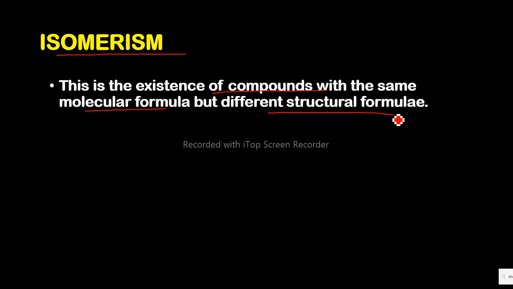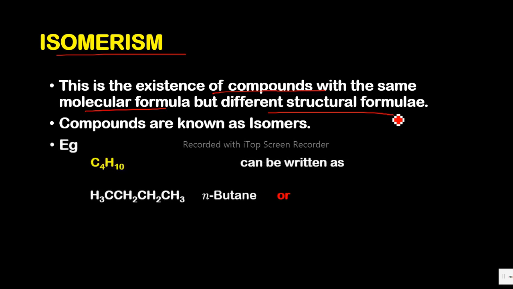You have the same molecular formula, but different structure formulae. So if two or more compounds have the same molecular formula but different structure formulae, then we say that they exhibit isomerism, and such compounds are referred to as isomers.